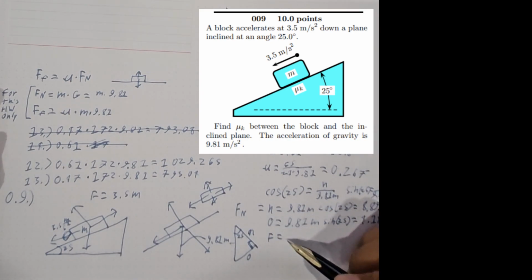So F of G O, for example, because the force of gravity would be this one, minus the force of friction.